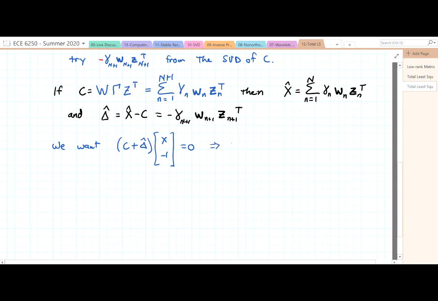Or in other words, x hat times our x vector here is equal to 0. So we know that this little delta hat matrix we have up above is the one that we want to diminish things.